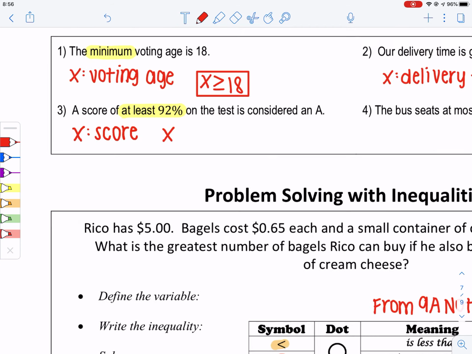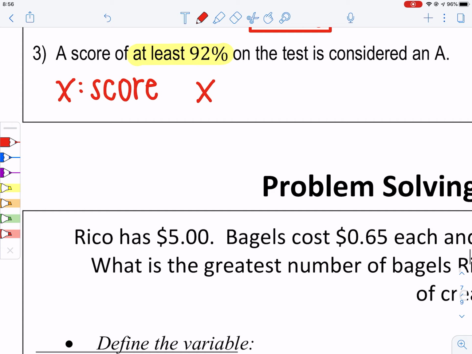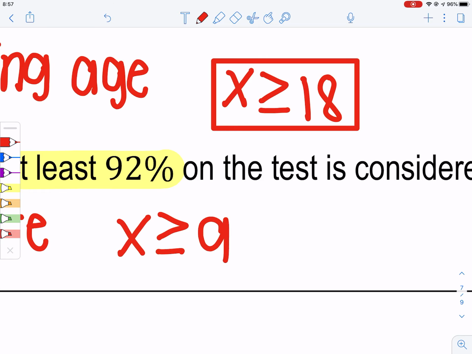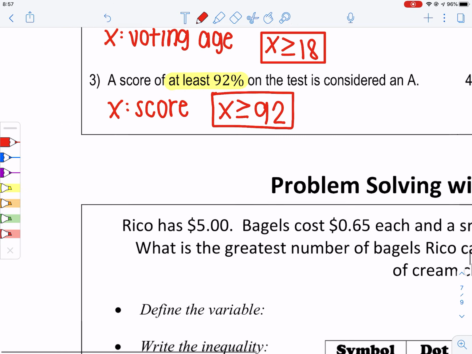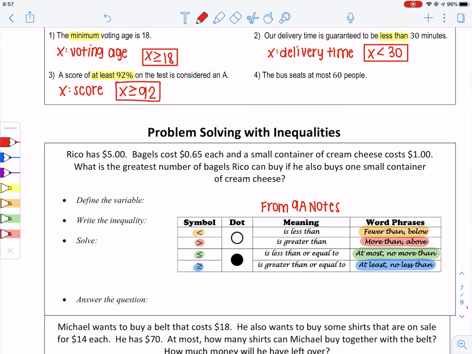So if your score on the test is at least 92, you could get an A. If you score greater than 92%, then you would also get an A. You could also score equal to 92. You just can't score less than 92% in order to receive an A. So this one I need X is greater than or equal to 92.